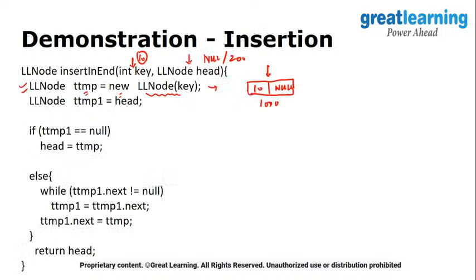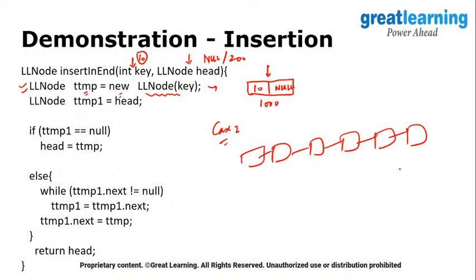Sir, case 2 is not clear to me. So case 2 is this: let's suppose you have a list of nodes available in your linked list. The first node is called head, so head will contain some address. Let's suppose this is 2000, and in the list you have 5, 6, 7, 8, 9 and 10.